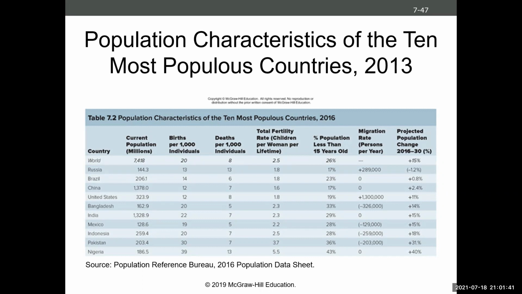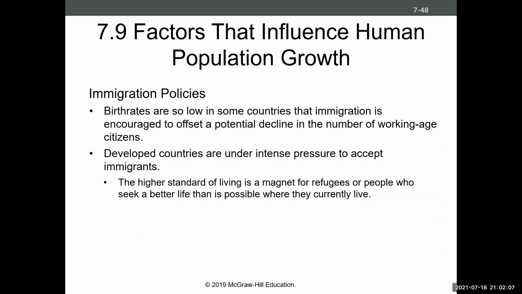So the current population versus the births compared to the deaths, total fertility rate, percentage of population that's less than 15 years old, etc. And so you just kind of see, more developed countries tend to have lower total fertilities compared to those poorer countries.